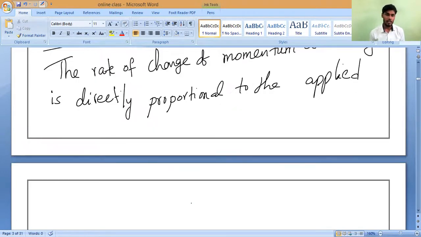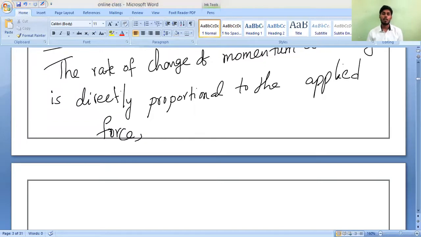Applied force in which direction? Same direction. Force, comma, and takes place in the direction in which the force acts.